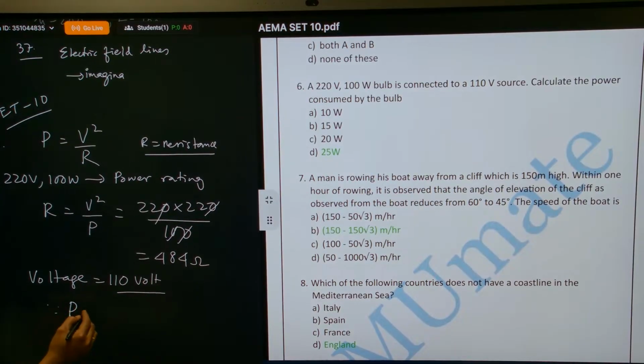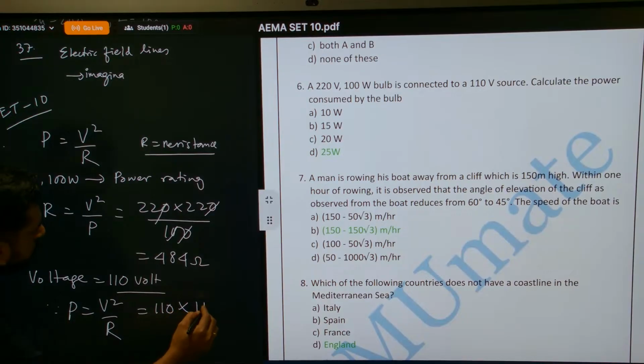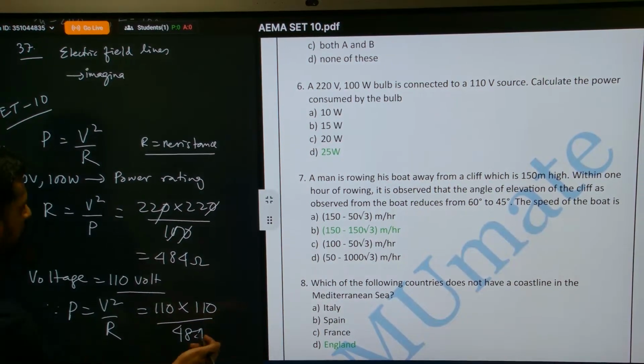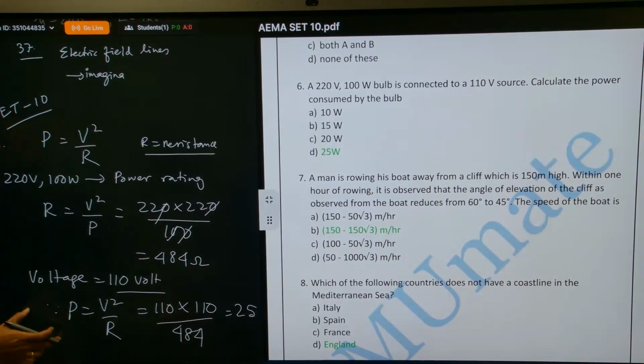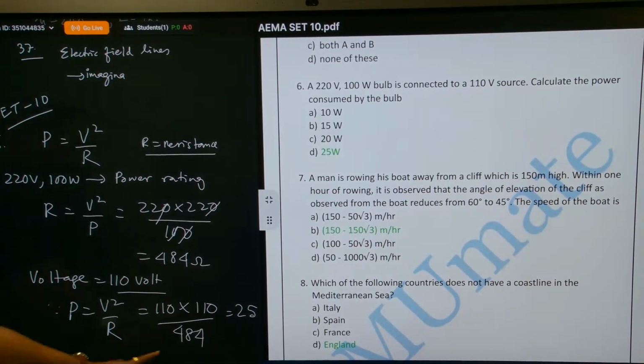Since power equals V square by R, 110 into 110 by 484. It would cut with 11. 44 and 4. Just look, 11, 4, 11 will cancel. Yes, very good. Power equals 25 watt.